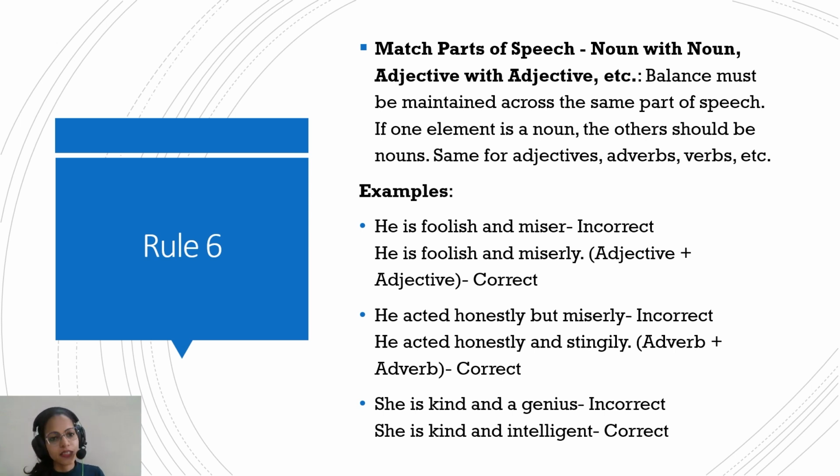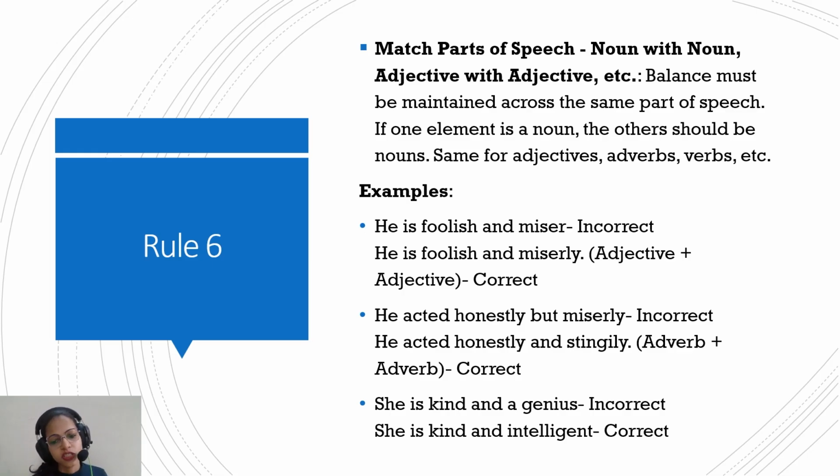So miserlyly is not a word, so we say stingily. It's not that the whole word needs to be changed, but just that there is no better adverb conversion here. So we used stingily. So he acted honestly. Now both are adverbs.